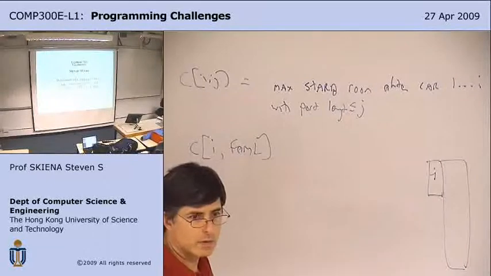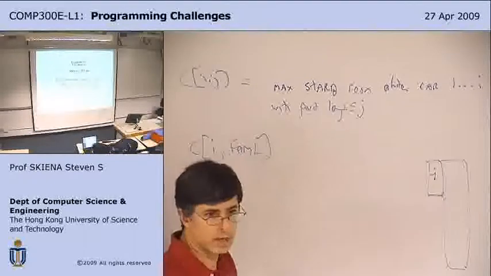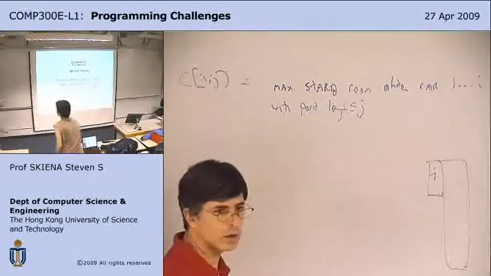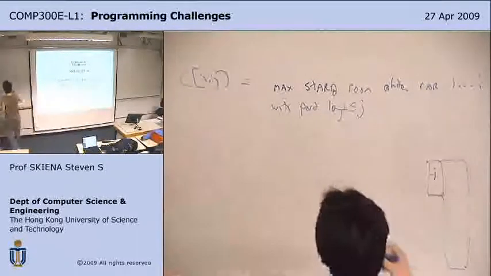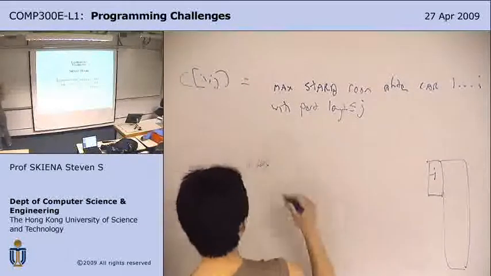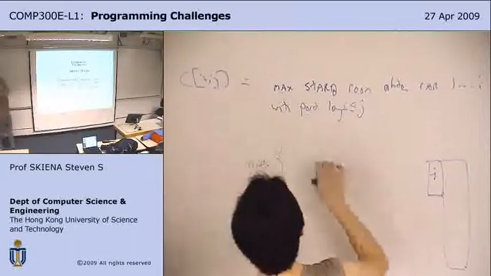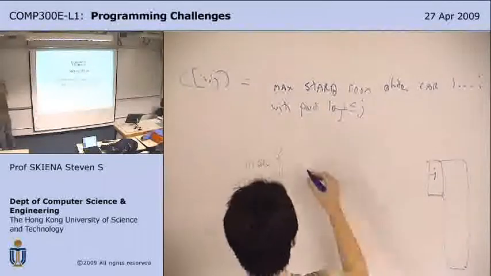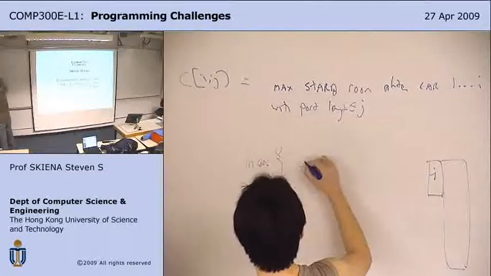Okay? But now, can you compute this thing? How do you compute this thing? It's max. If I put i in the right part, it will be. Okay, one different.